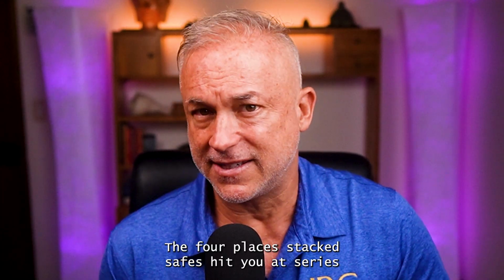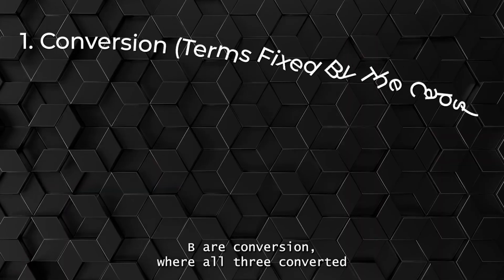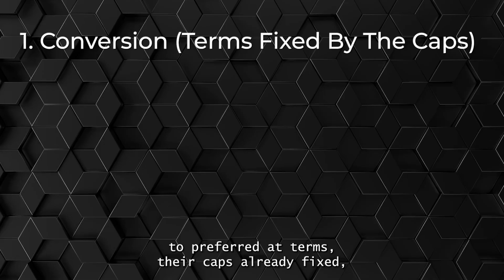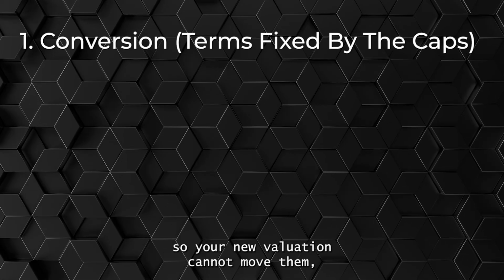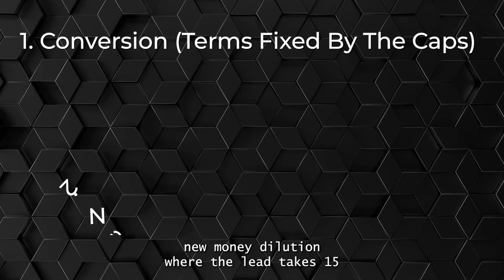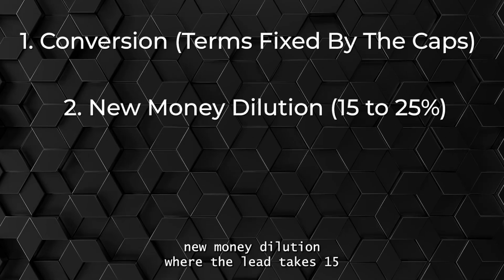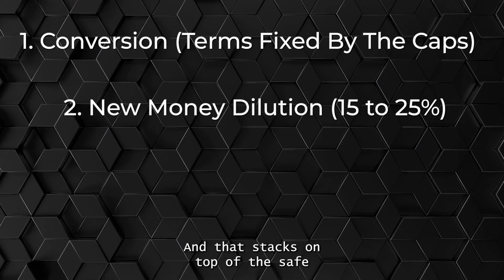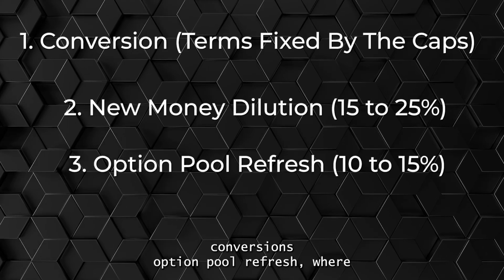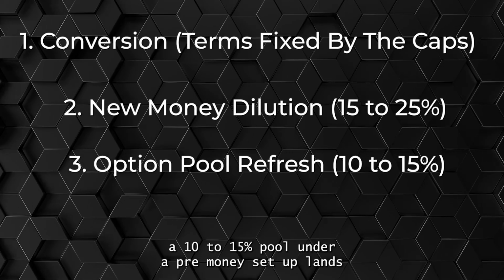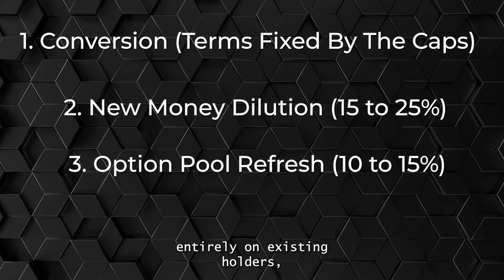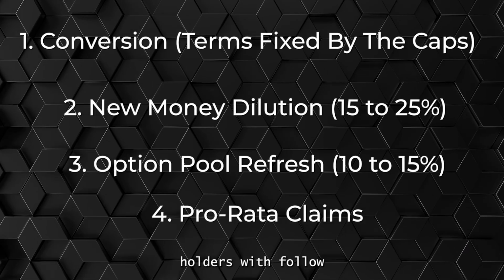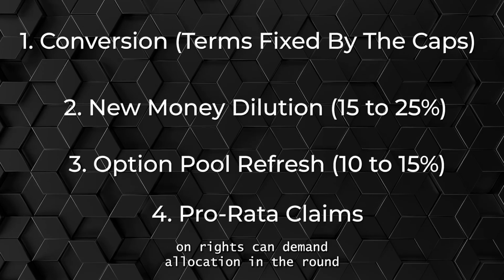The 4 places stacked SAFEs hit you at Series B are: conversion, where all 3 convert to preferred at terms their caps already fixed, so your new valuation cannot move them and you cannot negotiate; new money dilution, where the lead takes 15 to 25% of the post-money cap table, and that stacks on top of the SAFE conversions; option pool refresh, where a 10 to 15% pool under a pre-money setup lands entirely on existing holders, including you; and pro rata claims, where SAFE holders with follow-on rights can demand allocation in the round and crowd out the lead.